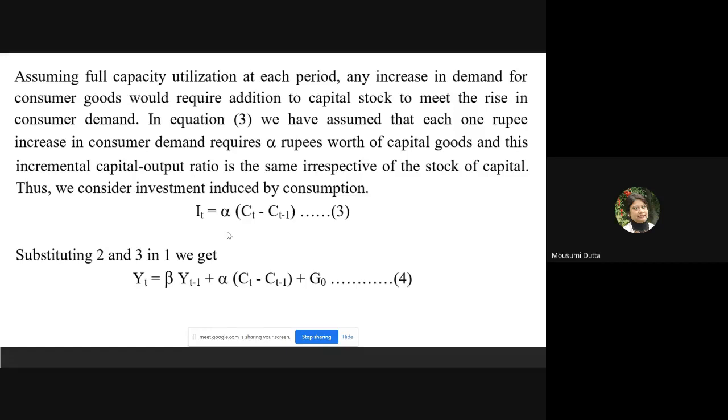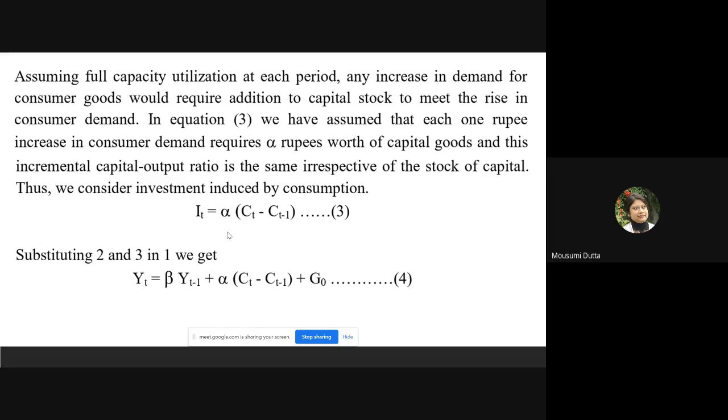Yeah, there was another question. Yes, please. Ma'am, alpha is the incremental capital output ratio irrespective of, what is the term? Irrespective of the stock of capital. Irrespective of whatever period you consider, whatever stock you consider, this incremental capital output ratio remains unchanged.